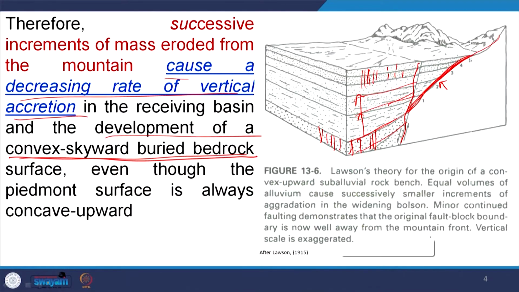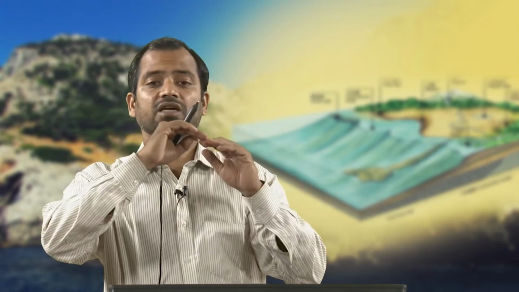Though it is concave upward, going downward, in this position the truncation of these sediment layers occurs along this erosional surface and gives a local convex upward slope.